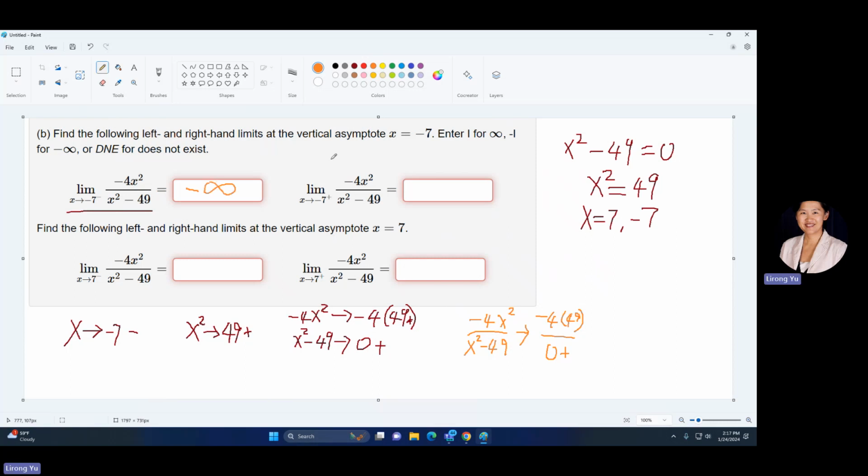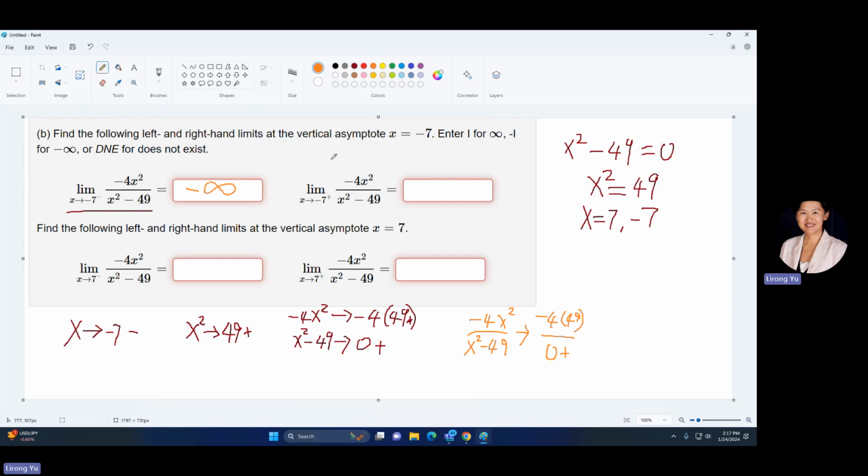Right. So that was the first one. Then moving on to this one, you see I'm not writing it down. If x is approaching -7 from the positive side, it will be on the right of -7, like -6.9.